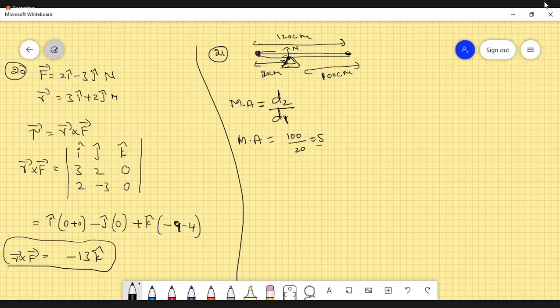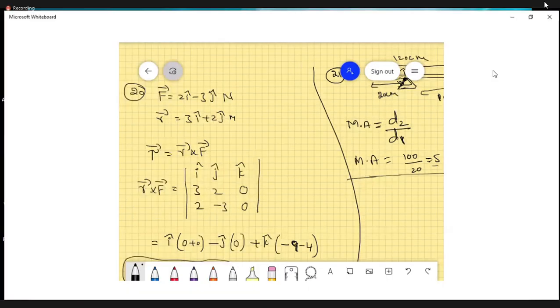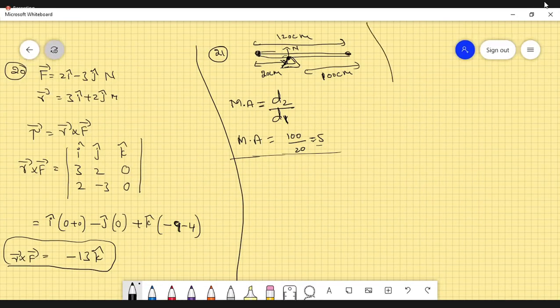Next one. So rotational inertia of solid bodies, means rotational inertia, moment of inertia now. Three particles of masses 1 gram, 2 gram, 3 gram are at 1 centimeter, 2 centimeter, and 3 centimeter from the axis of rotation.